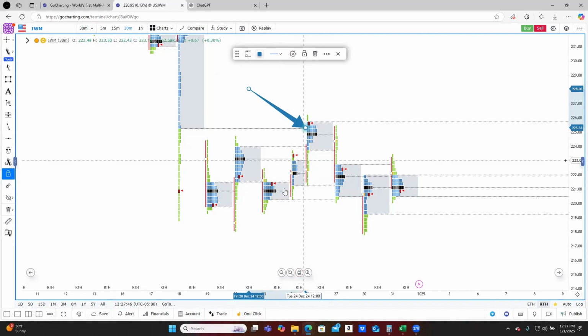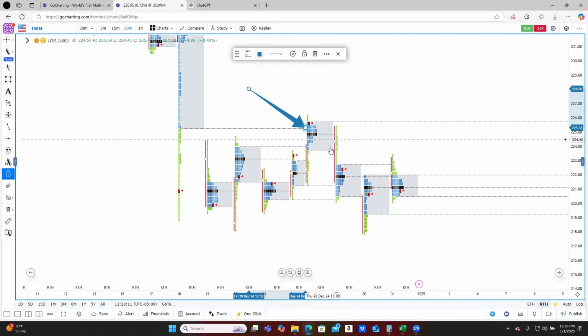Just focusing on these three profiles here, the 23rd, the 24th, and the 26th, we can see that value, which is the 70% of that day, this bluish grayish box between value high and value low, is trending up. So the value of IWM in this case is trending higher.